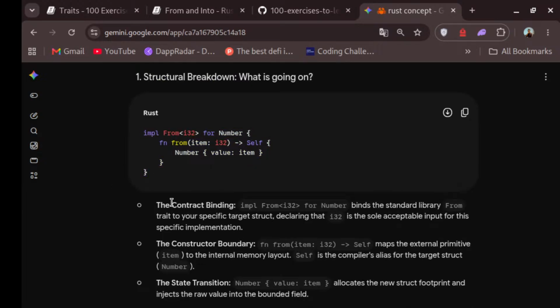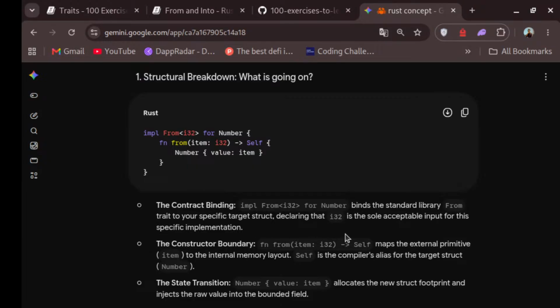Okay, the contract binding, right? So impl From for Number binds the standard library From trait to your specific target structure.